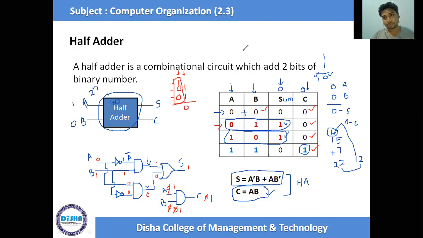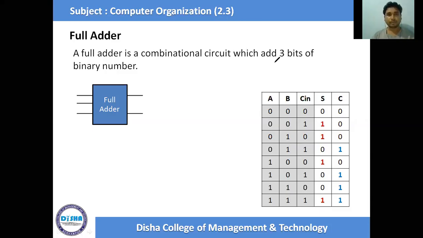As I said, a full adder is a combinational circuit which adds 3 bits of binary number. So this is our block diagram of the full adder. The block diagram has 3 input terminals and 2 output terminals.